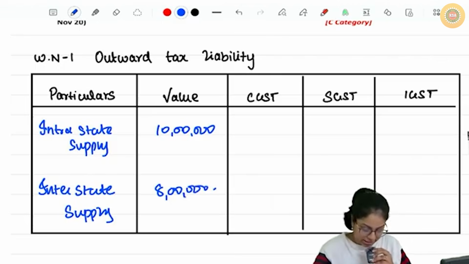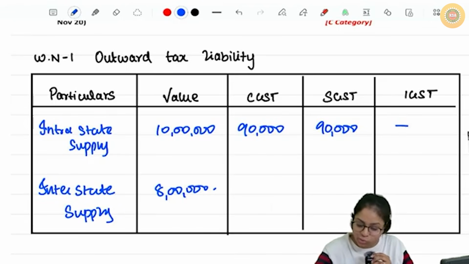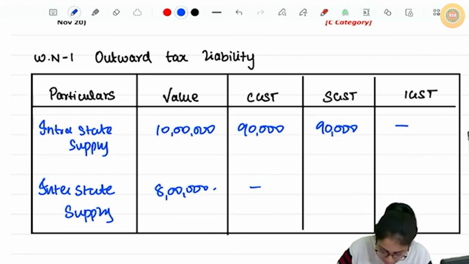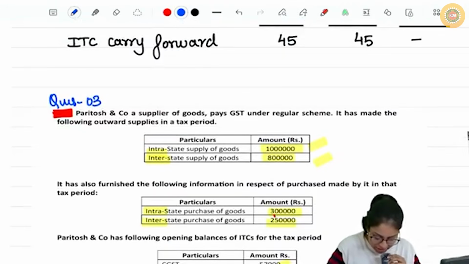For intra it is CGST and SGST, so 10 lakhs into 9% respectively, 90,000, 90,000 and nil, and 8 lakhs into 18% will be 1,44,000 of IGST. Right? So this part has been completed.